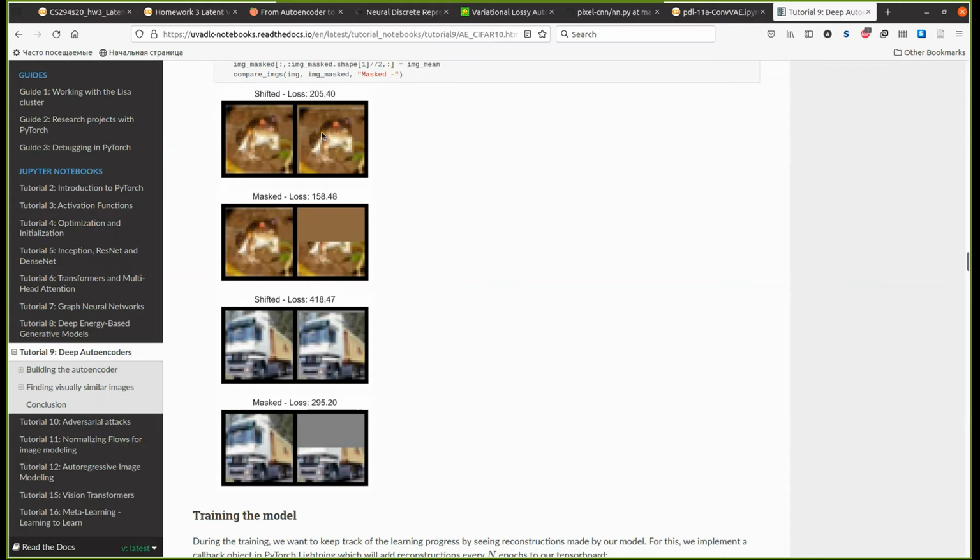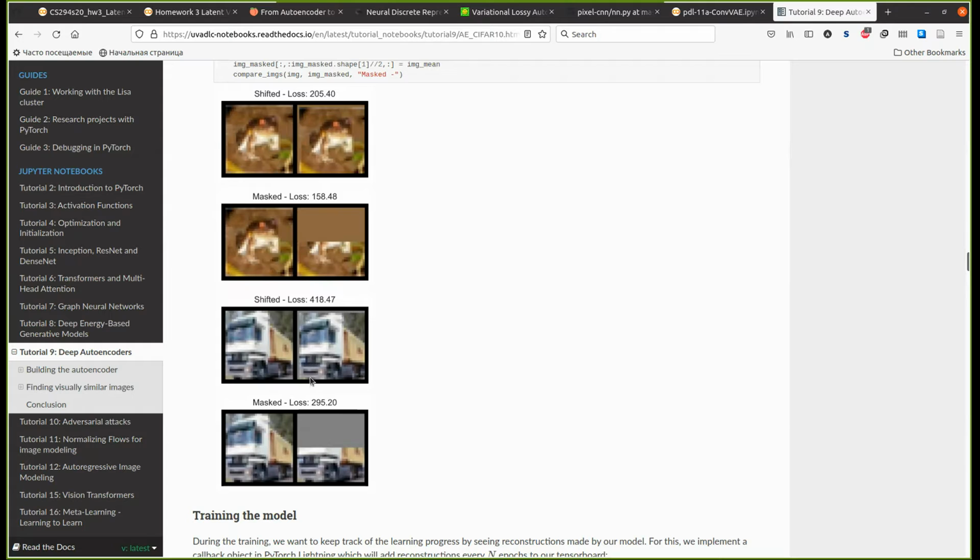These two images are just shifted by 1 pixel copies of each other, right? This one is shifted by 1 pixel downward and to the right. And here is the same image, but the first half is replaced with the mean color of this part, I guess, or something like that.